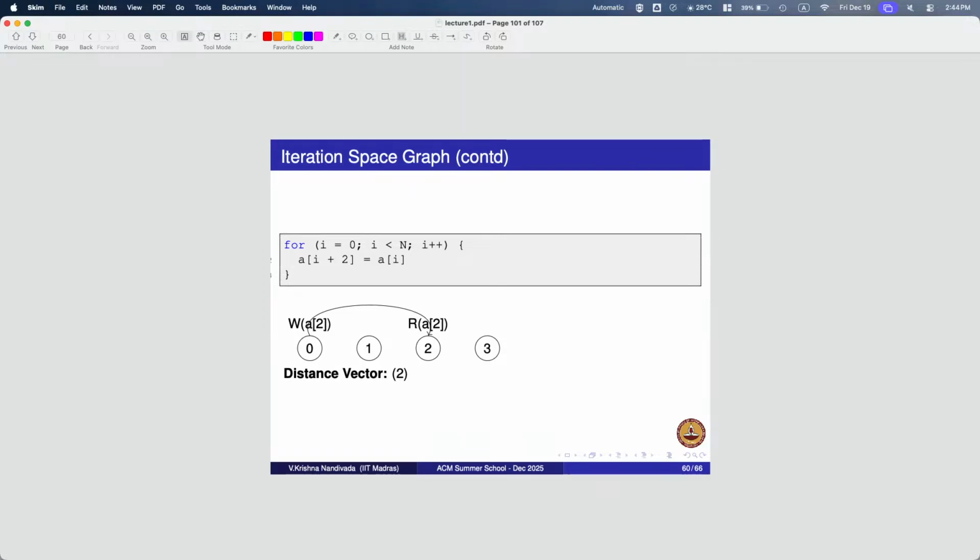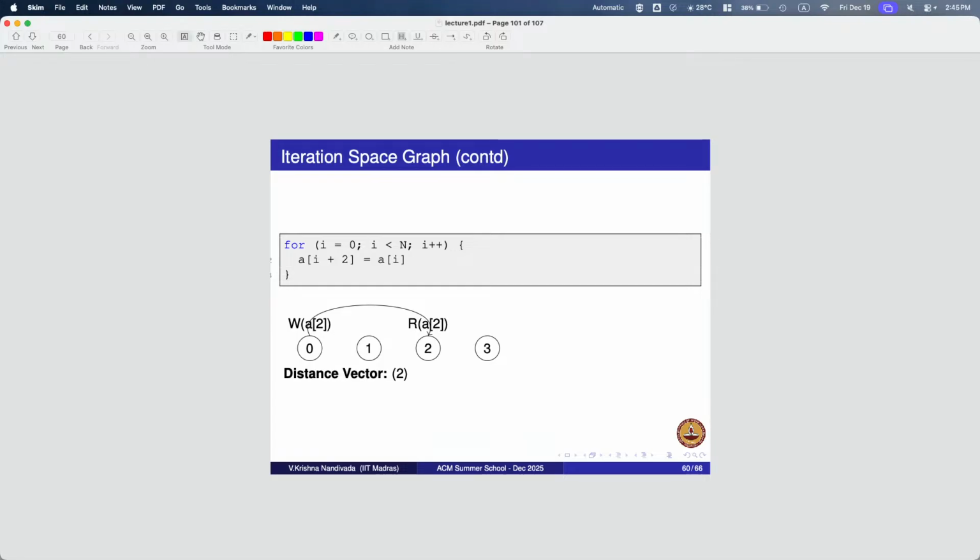So there is a dependence from, let's say, the same statement. If I am writing in I comma j, there is a flow dependence. Whatever I am writing now, there is a flow dependence from this to this.